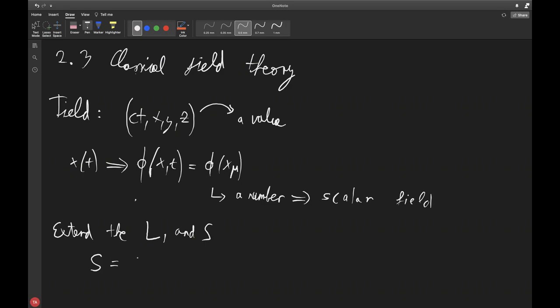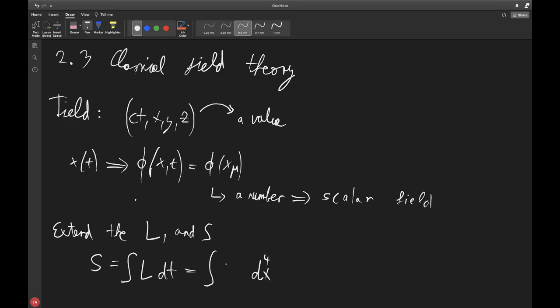So the action was defined to be the time integral of the Lagrangian function. But now we want to move into a space-time integral, which I'm going to denote as d^4x. So we have the 3 spatial dimensions and the 4th time dimension.